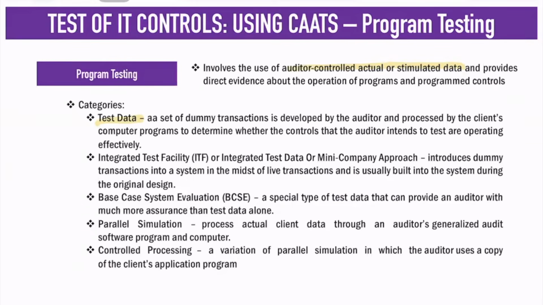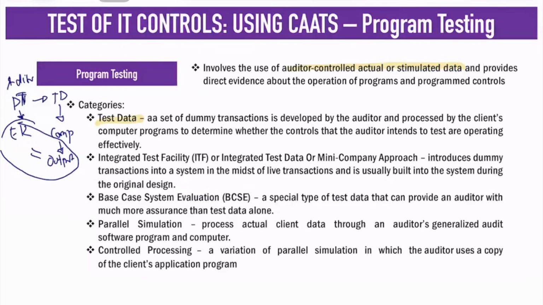We have expected results based on those dummy transactions, right? These dummy transactions will be entered into the computer, and there's an output from the computer. So you compare the expected results with the output of the computer. So that's how the test data works.